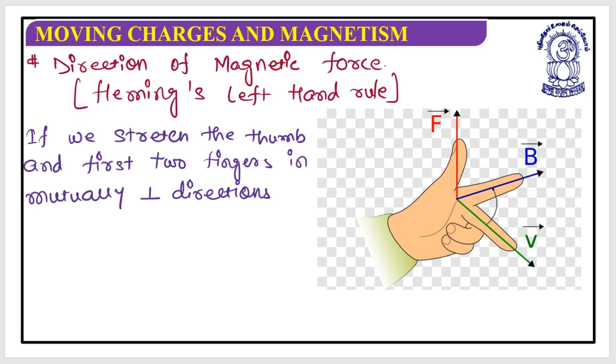then the forefinger points to B, that is the magnetic field.